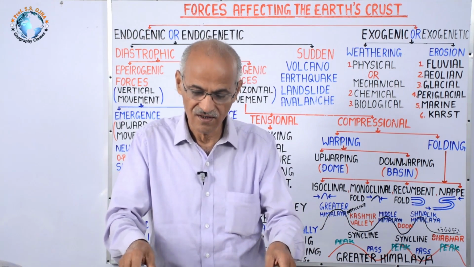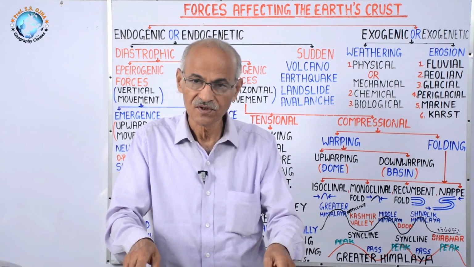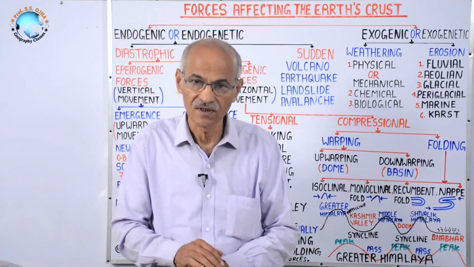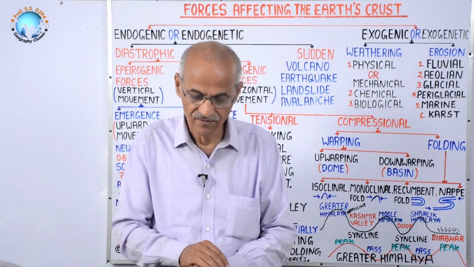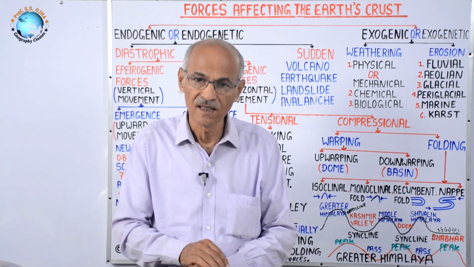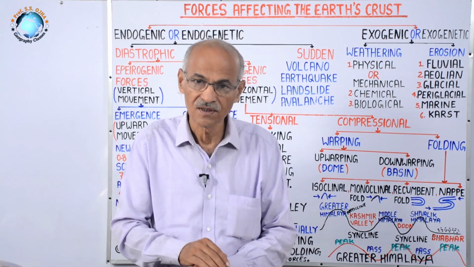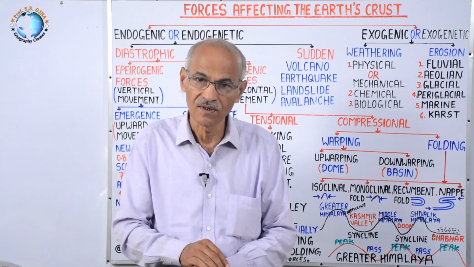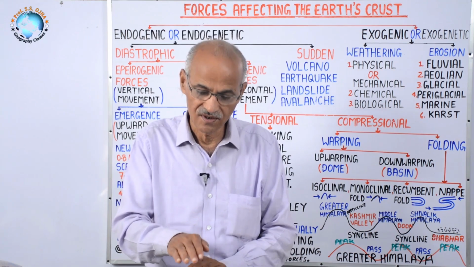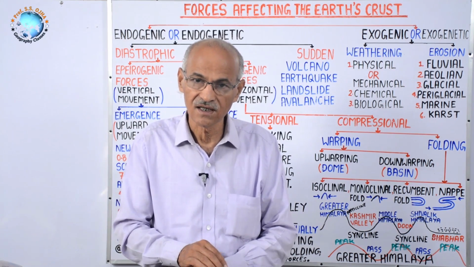That will be warped. That is called warping. That warping may be in two modes. It may be warped up, that is called upwarping. Due to upwarping, that raised land will be called a dome.